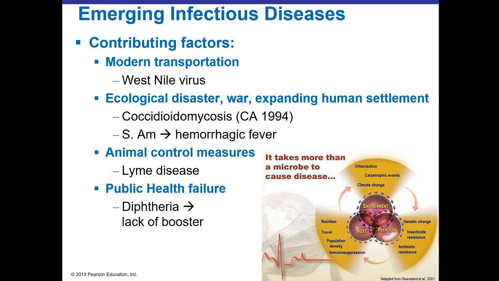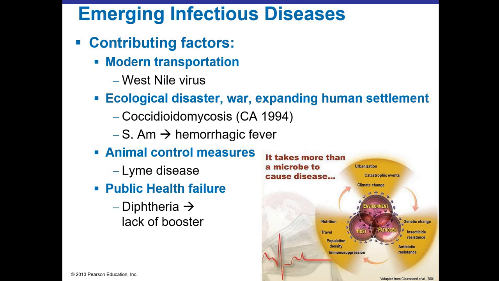Out in California in 1994, one of the larger earthquakes saw an increase in one of the fungal pathogens, coccidioidomycosis. In South America, cutting down the rainforests is making the emergence of hemorrhagic fevers, lots of viruses that we haven't been exposed to and have no immunity.